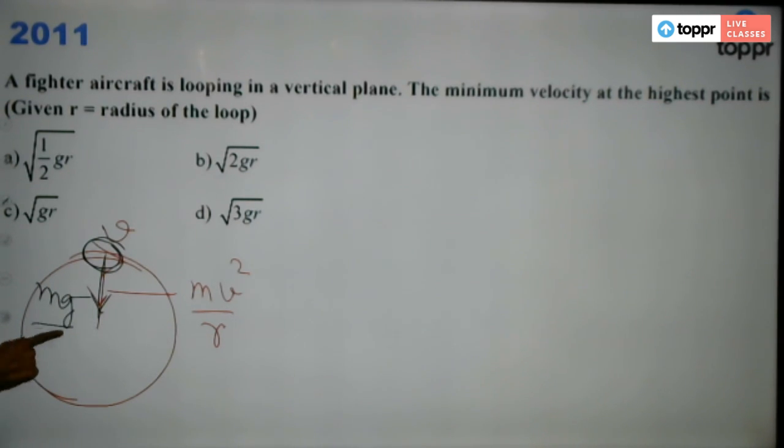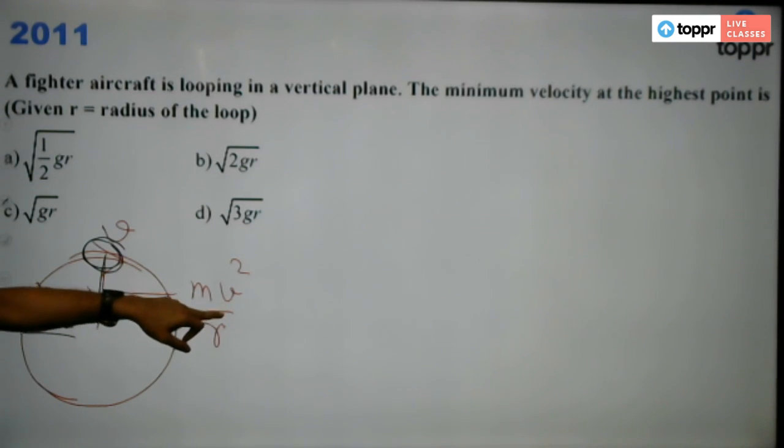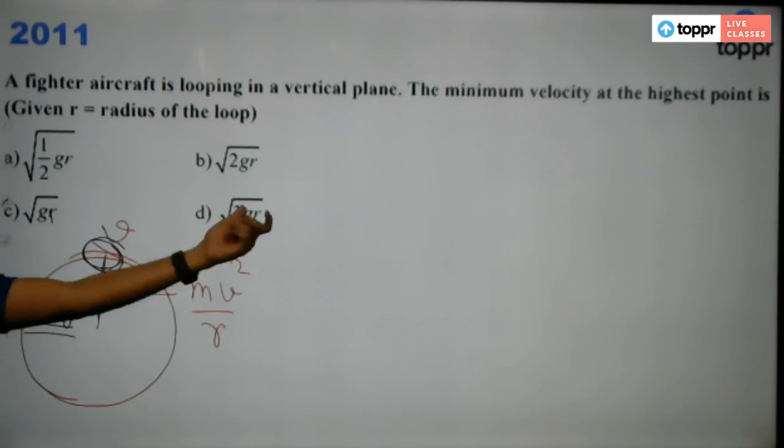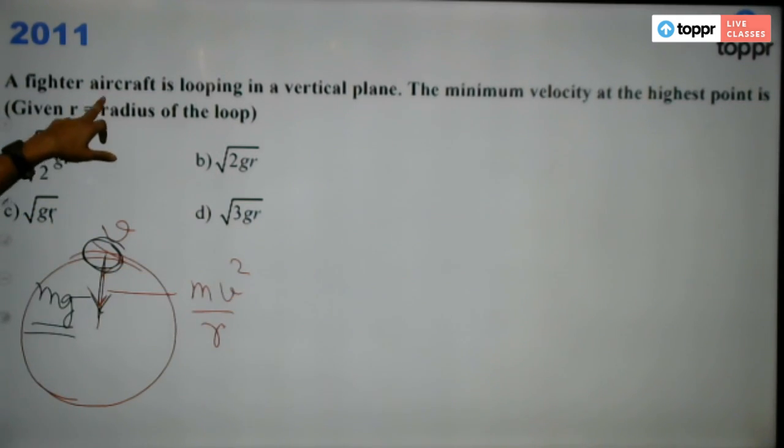The weight of the aeroplane will actually give the centripetal force if it needs to move at the minimum velocity. The aeroplane can have a mechanism to increase its force and increase the velocity. But here the question is looping, the minimum velocity.